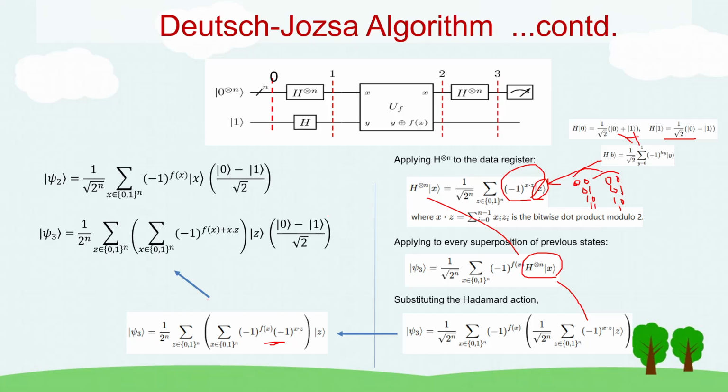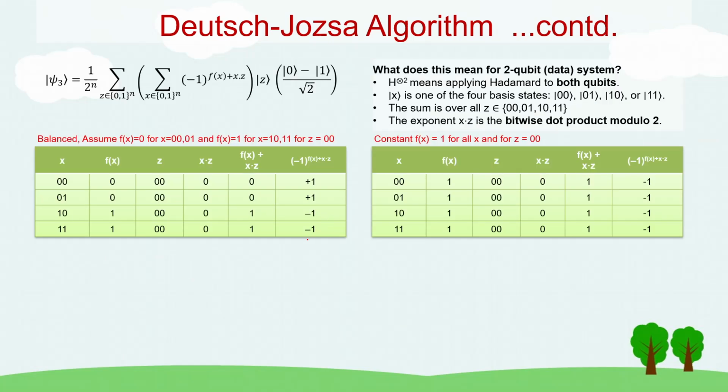So what happens? I'll give this table, so that for 2-qubit states, I'll try to put a truth table kind of thing. So x is one of the possible 4 states. z also is one of them, and it is a sum over all the things, and the exponent x dot z is the bitwise dot product.